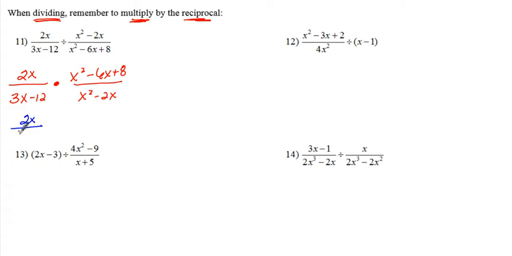Let's pull a GCF out of here, GCF of 3. Things that multiply to 8 and add to negative 6. Hopefully you came up with some version of 2 and 4, and both of them have to be negative.